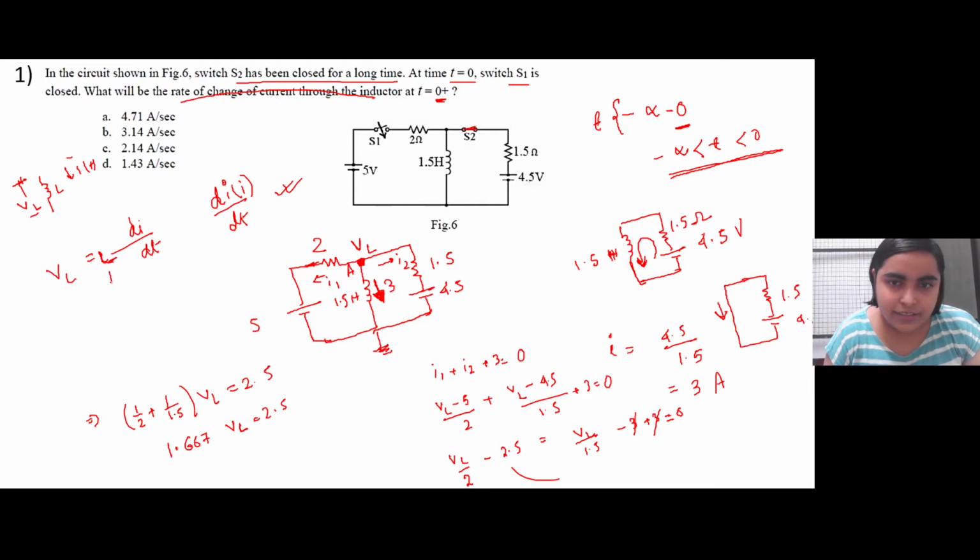So L here is 1.5 Henry. So if we just replace VL, it will be VL equal to 2.5 divided by 1.667. So VL we are just replacing by L di by dt, and L is 1.5.